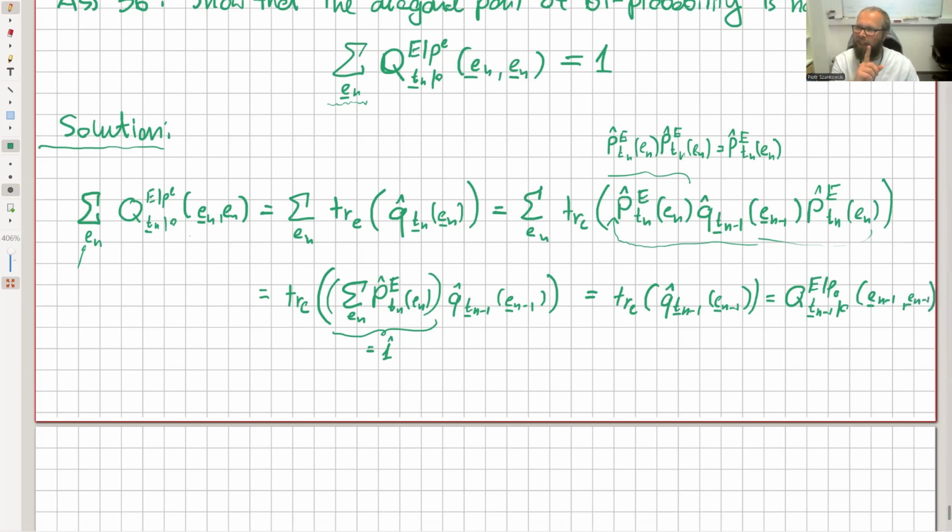So summing over the last argument in the sequence shortens the biprobability by 1. All right.